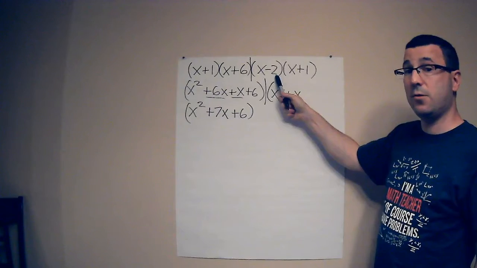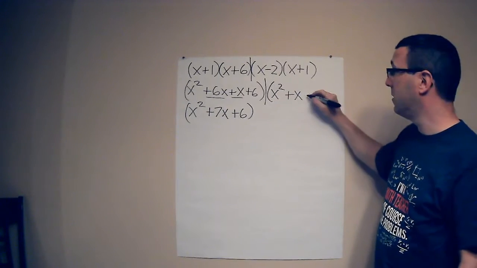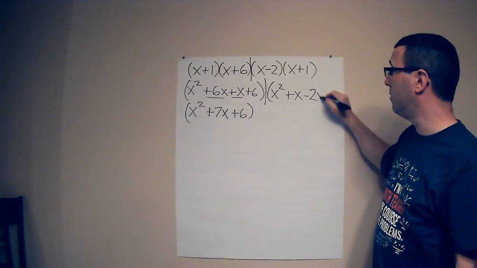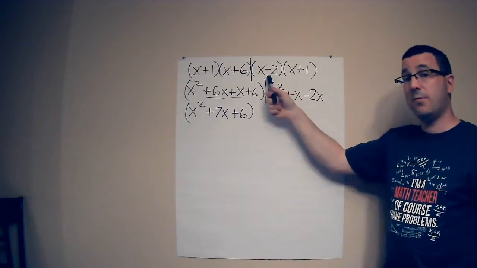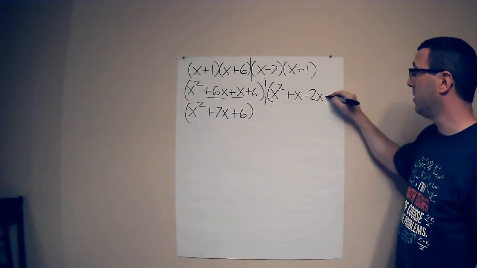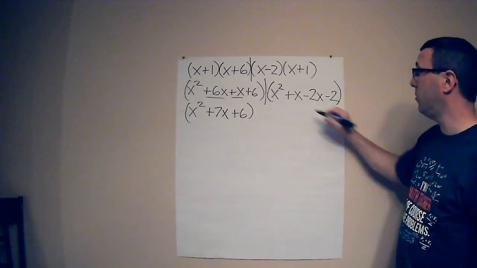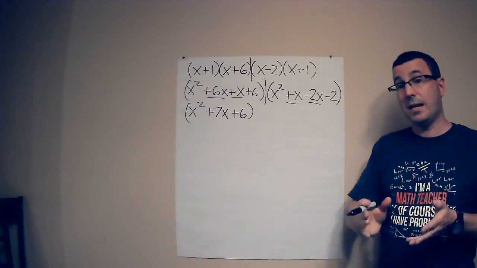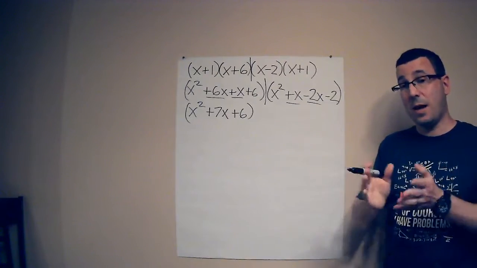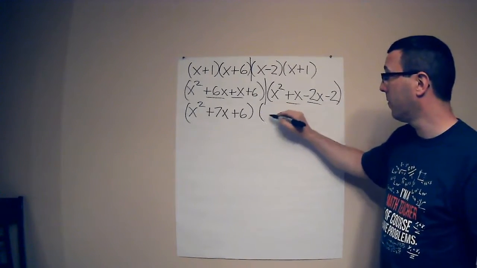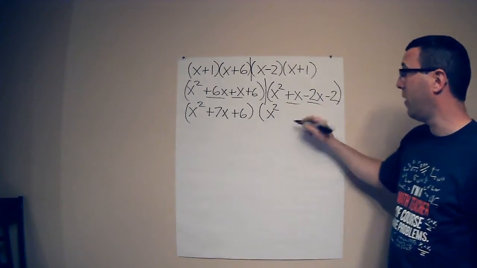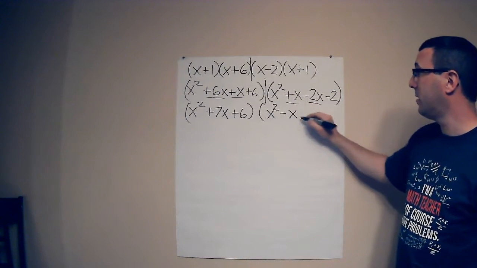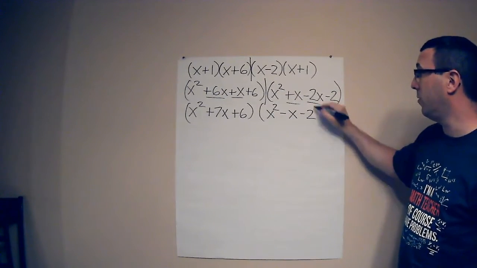Then negative 2 times x is minus 2x. Negative 2 times 1 is negative 2. Again, my two middle terms are like terms, so I can combine them together. And I have x squared minus x minus 2.